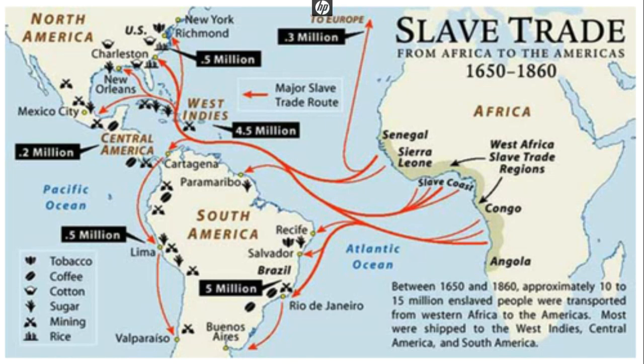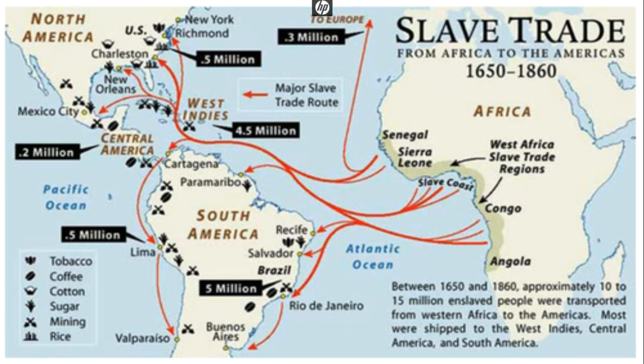You can see from the legend on the graphic here, tobacco, coffee, cotton, sugar, mining, and rice production all utilize slave labor. Now, by far, sugar is the dominant industry in which slave labor is used.